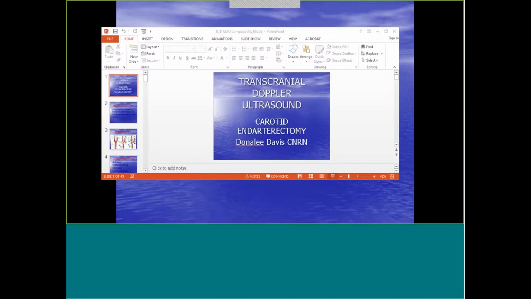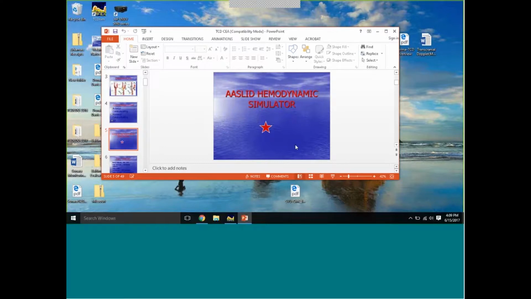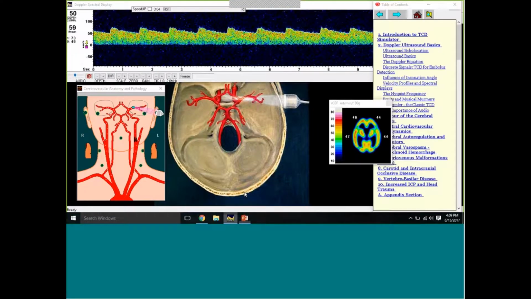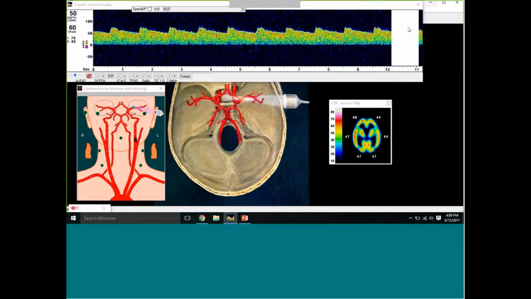Okay, so again, I'm going to be using the oscillate simulator to demonstrate these pathways for you. So let's minimize this and let's use our simulator here. This is a cerebral blood flow study that's going to show you, right now we've got 36, 44, showing you right to left.